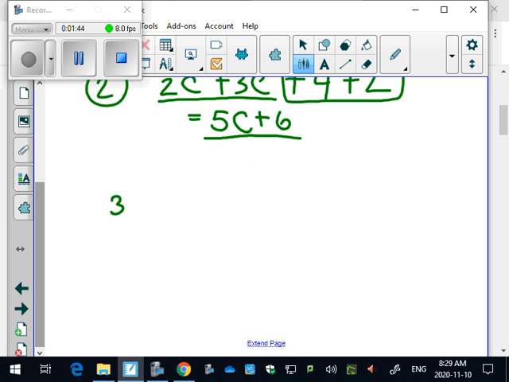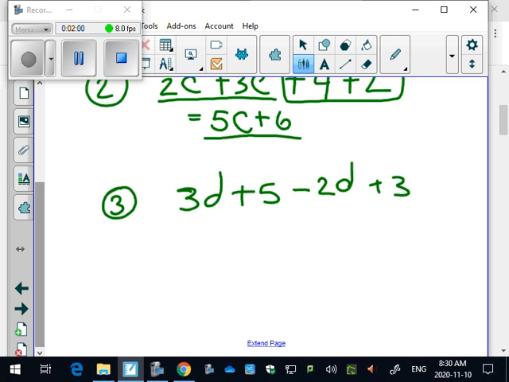Well, then the next step from there is when they don't put them in order per se. So we could have something like 3D plus 5 minus 2D plus 3. And this way you have to go and look and find and collect all of your terms.